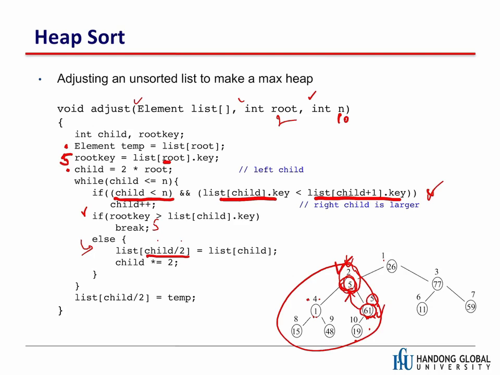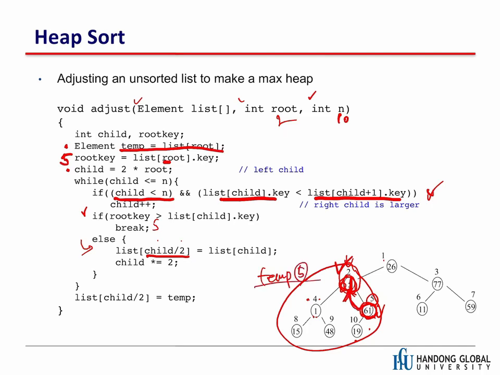In this case, we are not just copying the key, we are copying the key and the data and everything. We are copying the structure instance. So we are copying everything with the key 61 to here. Now this one is 61. We are overwriting this 5, but don't worry, we just copied this 5 into temp.